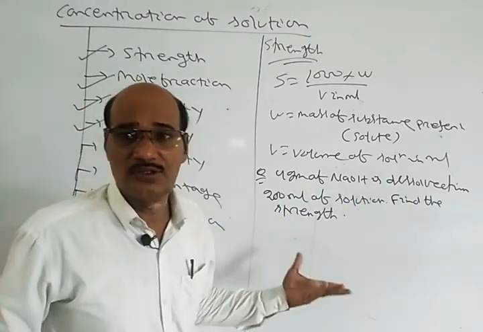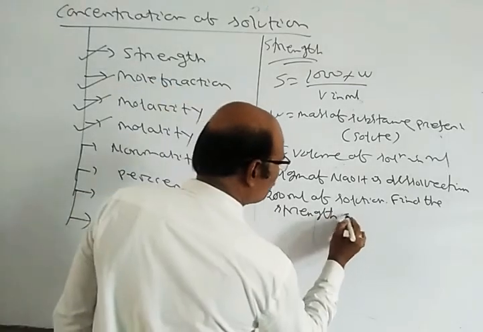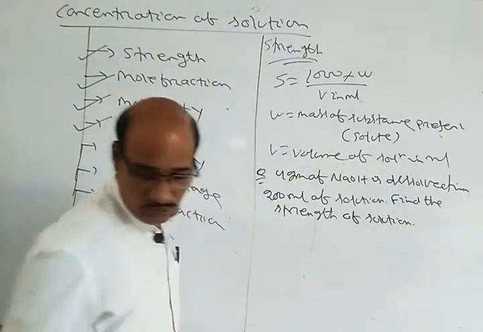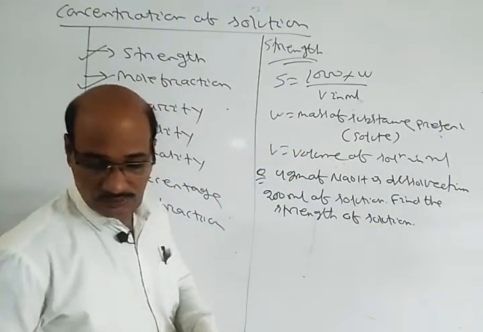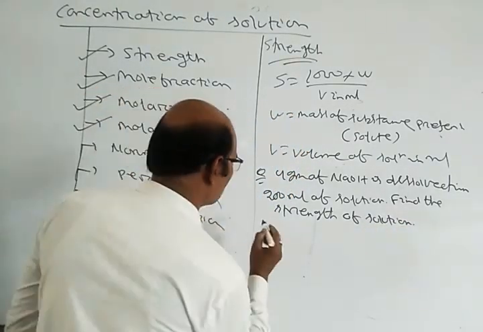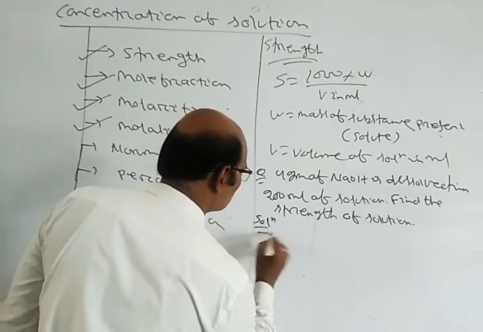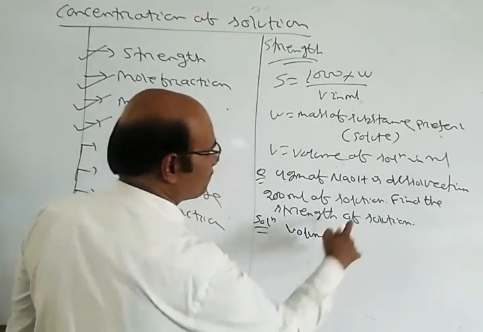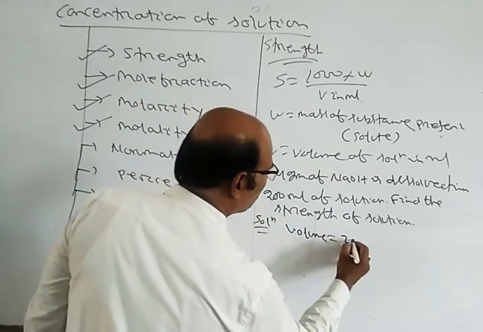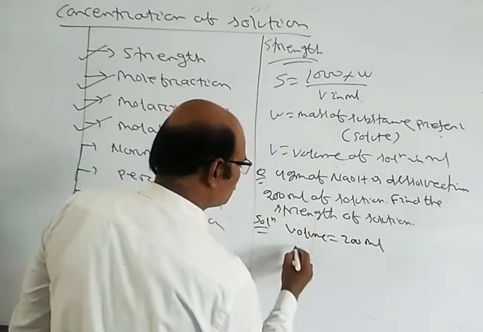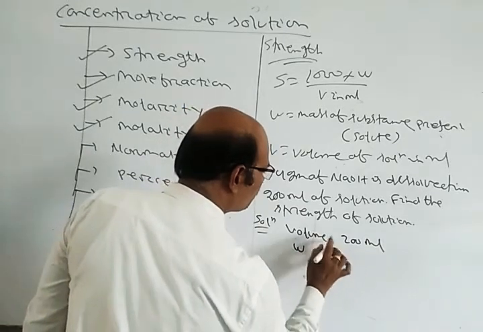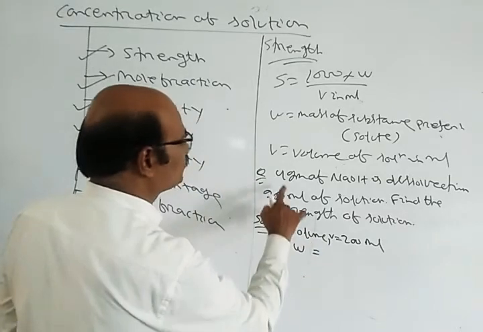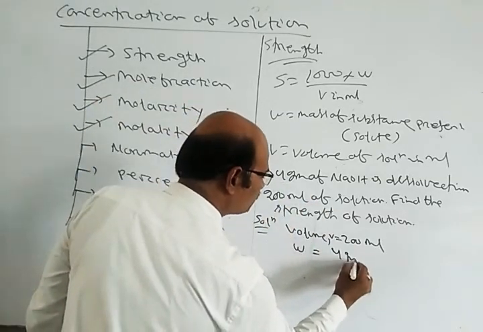Find the strength of the solution. So what you will do? Simply, volume V is 200 ml. Now W is 4 gram, given.